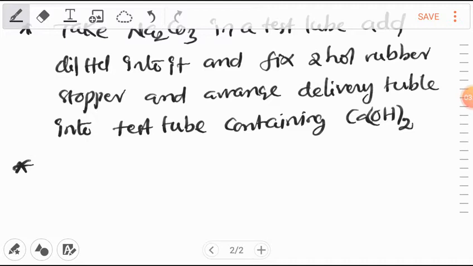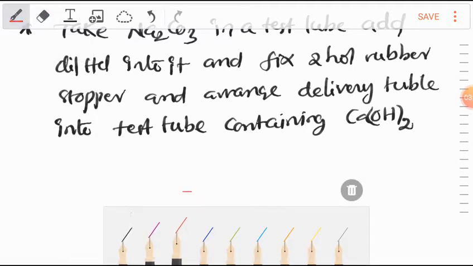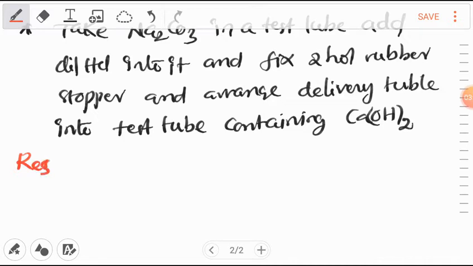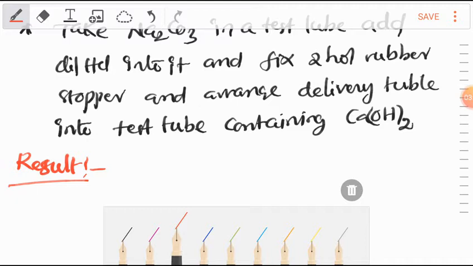And second point, what are you going to do? Okay, directly we can write the result. So we need not write the procedure in detail. It is creative writing; this is the common and main point.